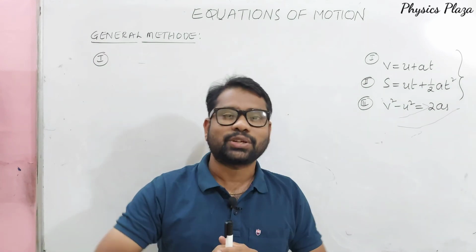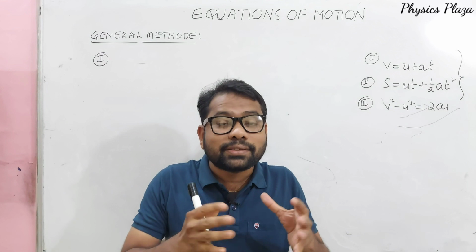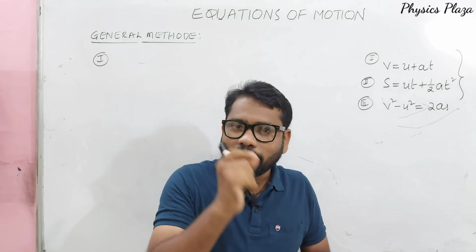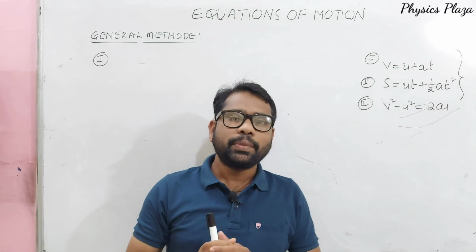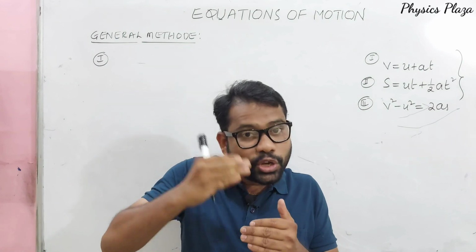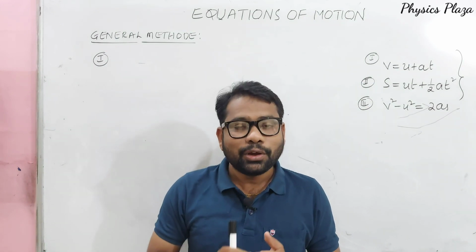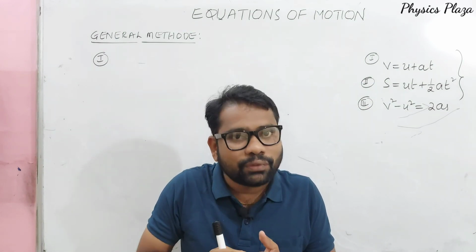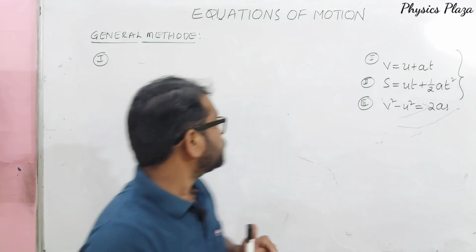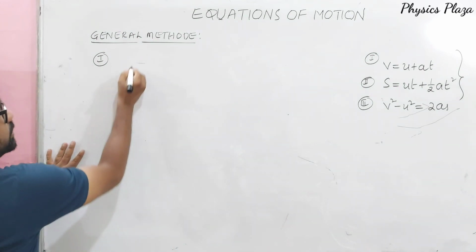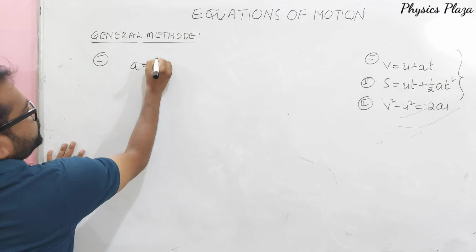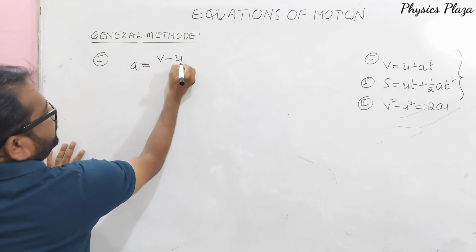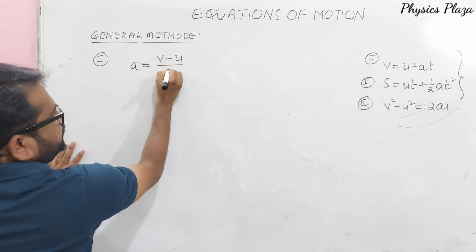Children, acceleration is defined as the rate of change of velocity. Whenever there is a change in velocity, definitely we can say that the object is moving with acceleration. So from the definition, acceleration is written as change in velocity, that is final velocity minus initial velocity, divided by time.